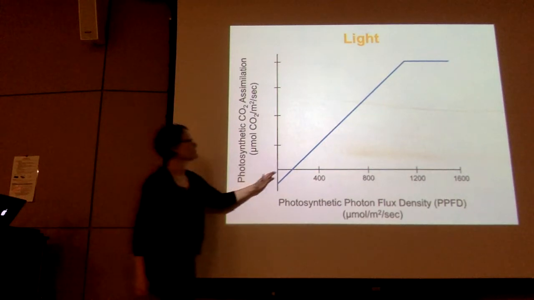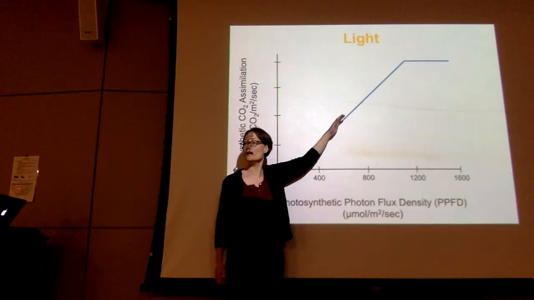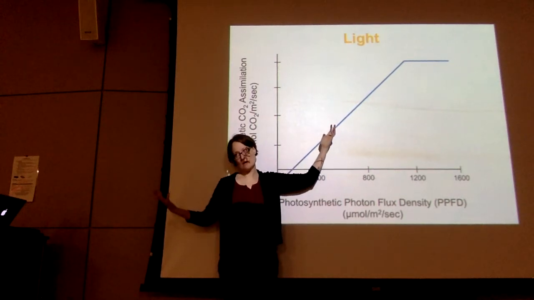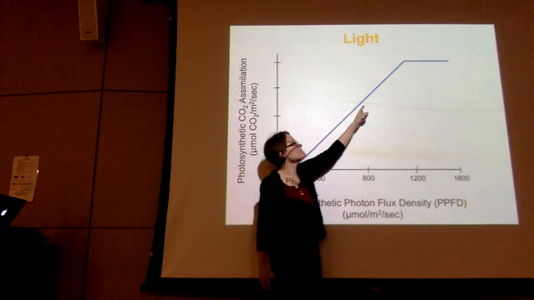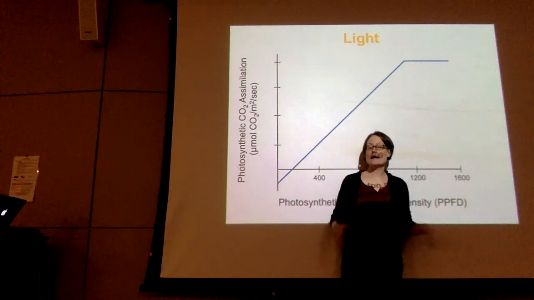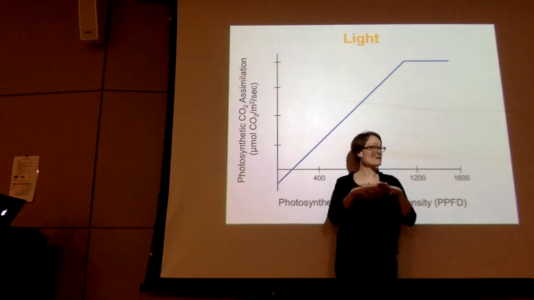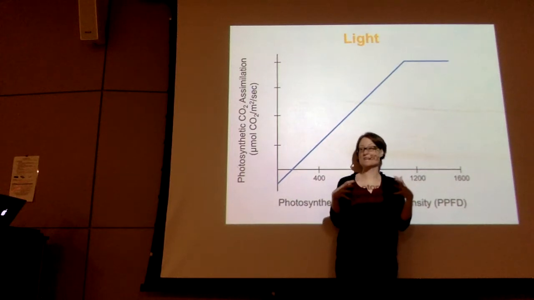Okay, so you're gonna have a direct relationship. The more light you get, the more carbon you can fix, given an infinite supply of carbon, until you get to a certain point. There's a certain point that plants reach where more light becomes actually damaging to its tissues, right?